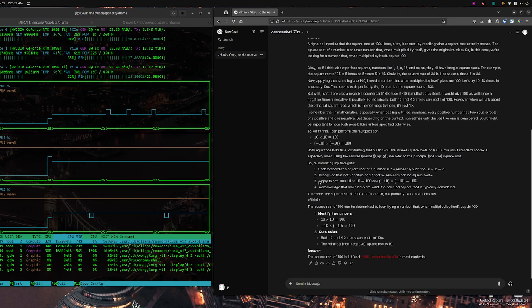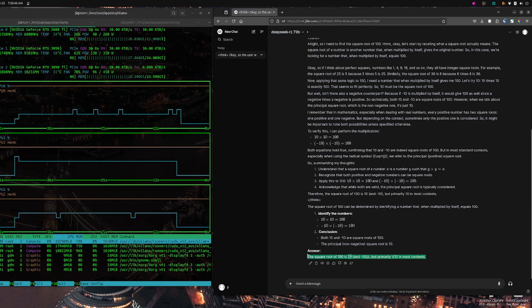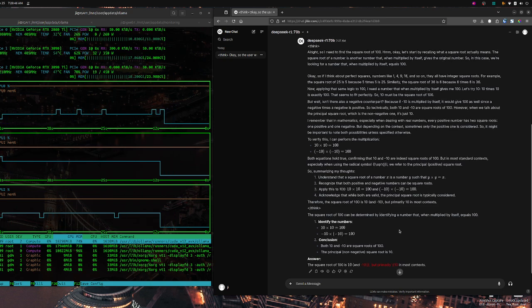We may think about it first, think about the different ways to resolve it, and then attack it using the best method that we find. So here it says the square root of 100 is 10 and negative 10, but primarily 10 in most contexts.